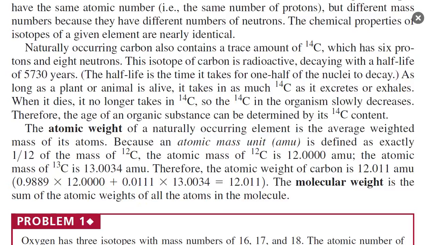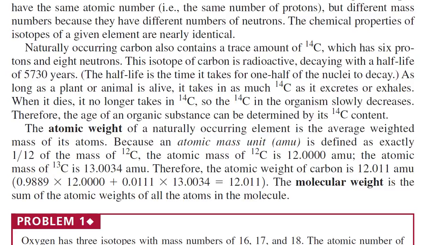Two kinds. What are the two kinds? One is these normal guys, right? 12 mass, and they are quite abundant. 12 atomic mass, 98.89%. So we just moved the decimal point two places here, because we are talking about having the value of 12. We're just multiplying them with their percentage.